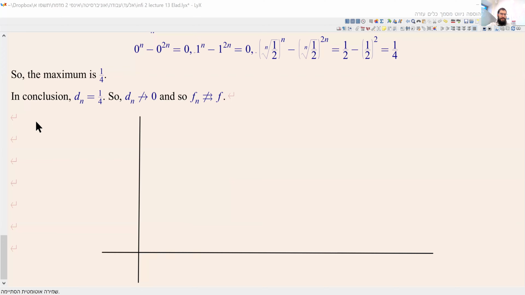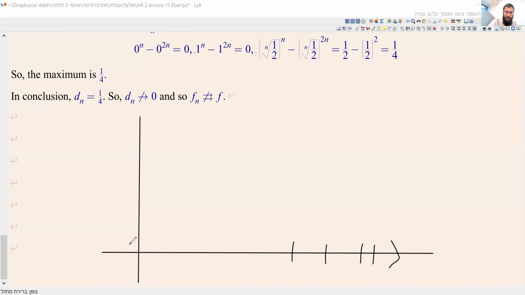And the points where we get the maxima are getting bigger and bigger. The square root of half, the third root of half, the fourth root of half are getting closer and closer to 1. These are the points, and the functions get their maxima, which is a quarter, in these points.